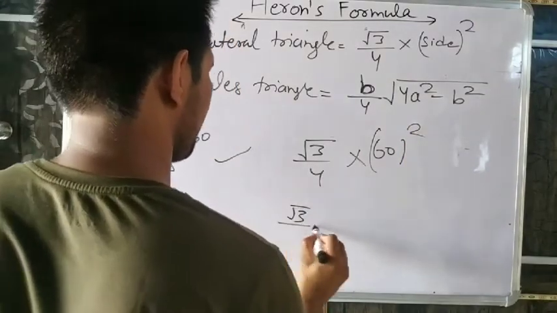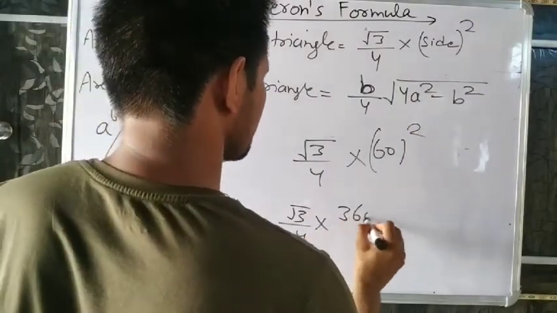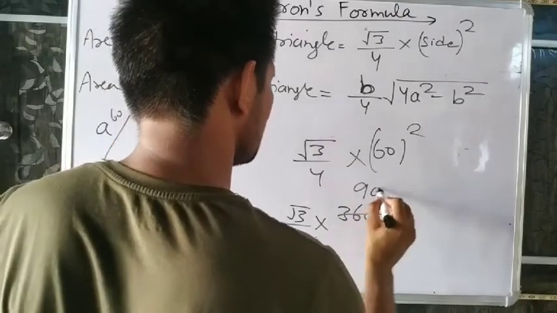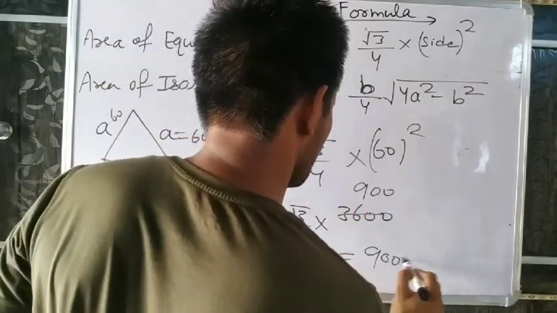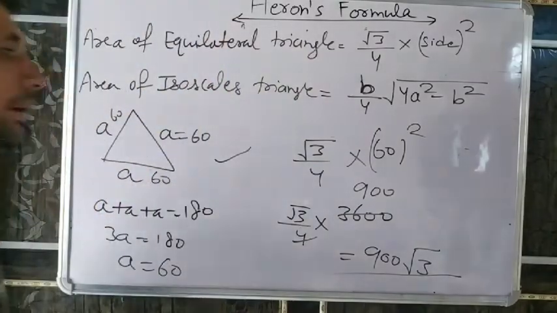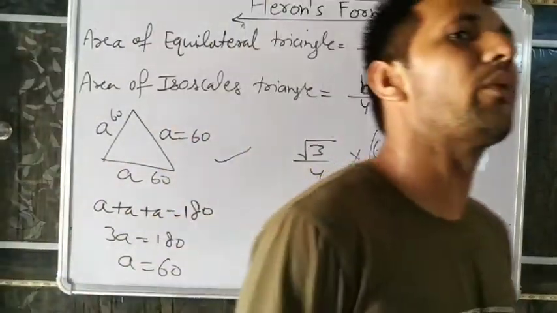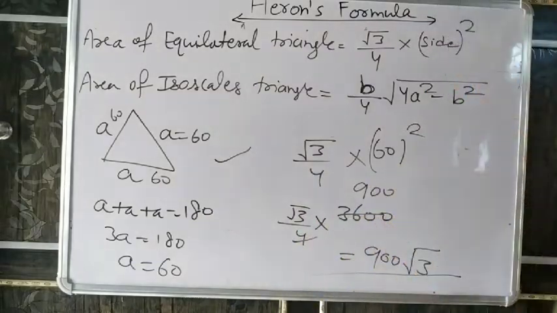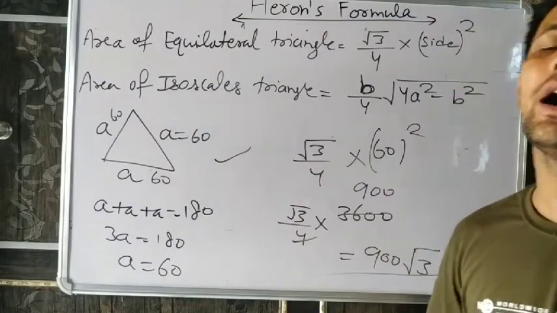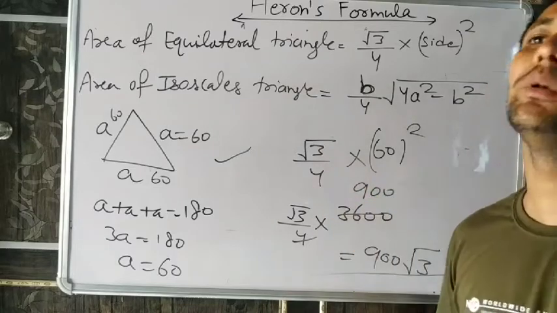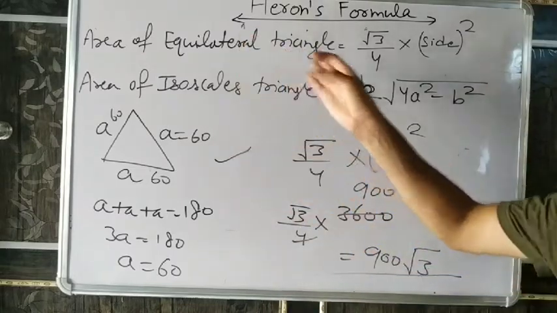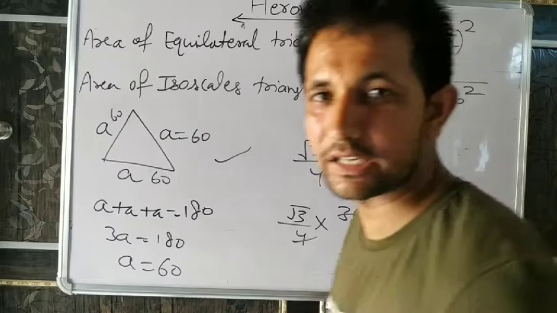So root 3 by 4 into 3600. So what is the area? 900 into root 3 centimeter square. So if you apply any formula, the answer will be the same. Either you use Hero's formula, or 1 by 2 base into height, or the area of equilateral triangle formula. Understand?